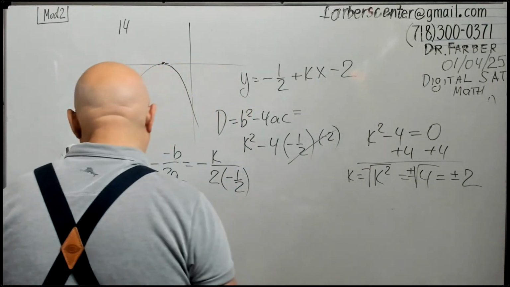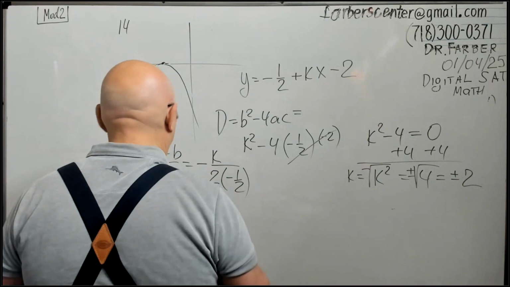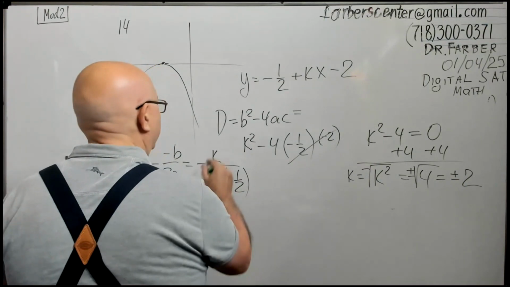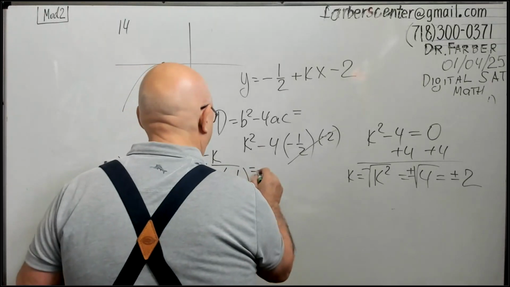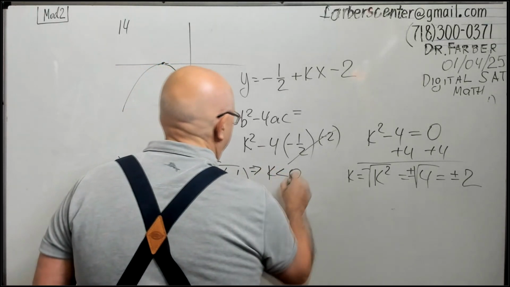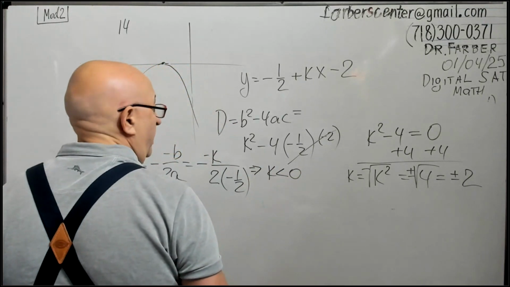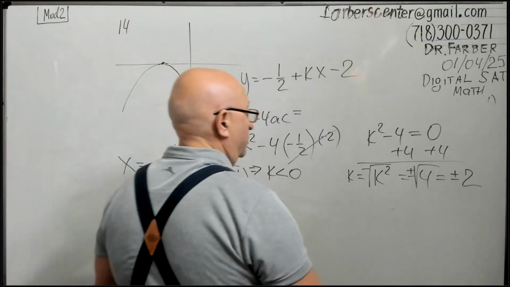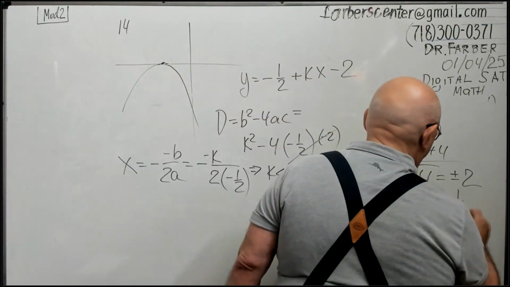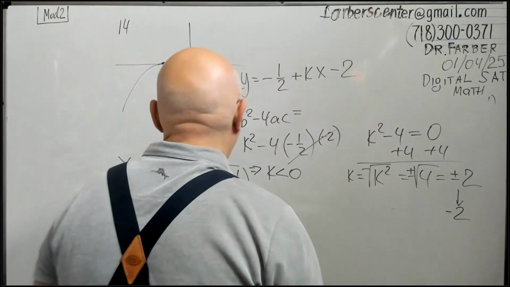You get k, and minus here, right? This is negative. So it would be from here k is less than 0. If k is less than 0, the answer is supposed to be only -2. Okay.